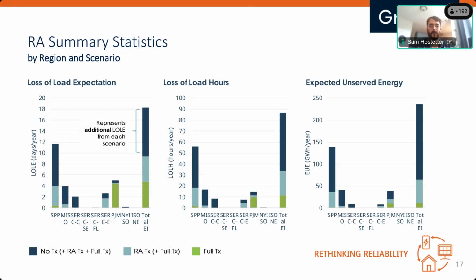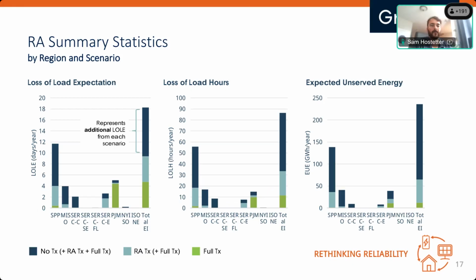Beginning with the green bar, that's risk exhibited in our full transmission scenario by region, as well as the total Eastern Interconnect on the far right of each chart. We also see additional risk faced in the RA transmission scenario in light blue, and then the total risk faced in all three scenarios for the regions.